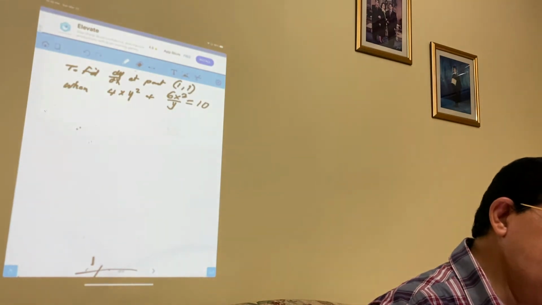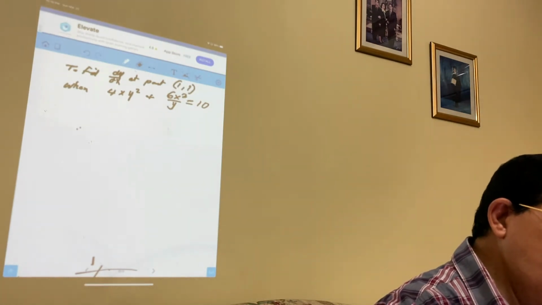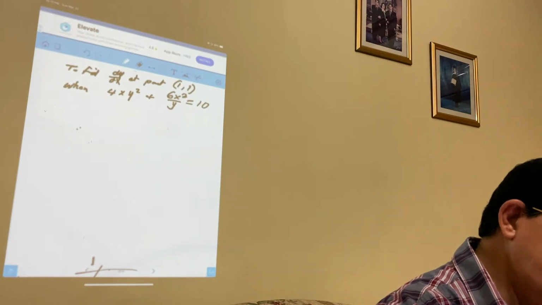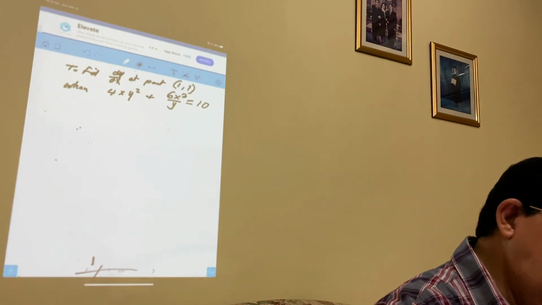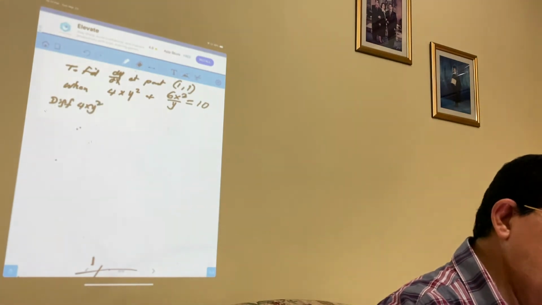This equation has one part multiplication and one part division, so we do each one separately. How to differentiate? We need to differentiate 4xy squared. This is a product rule.